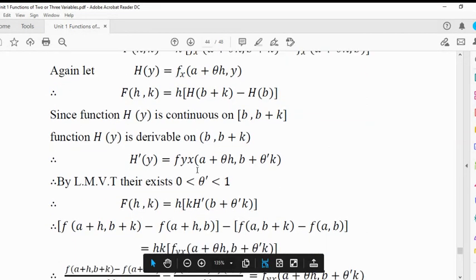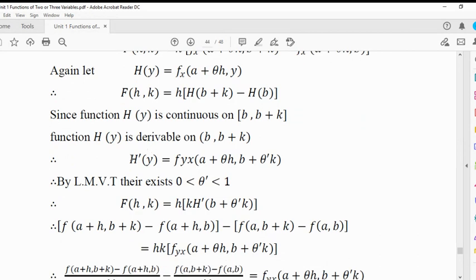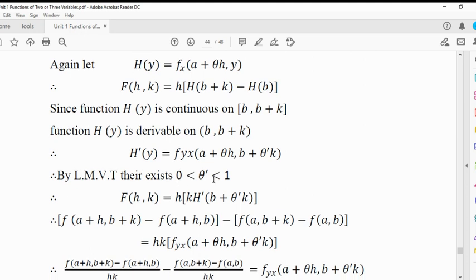Therefore we can use the LMVT for H of y. There exists theta dash such that 0 less than theta dash less than 1 and F of (h, k) is equal to h into k into H dash of b plus theta dash k. Just replace this b plus theta dash k here.